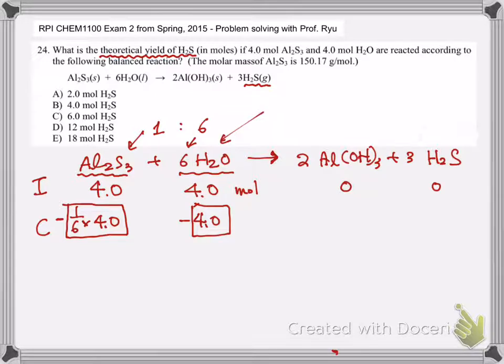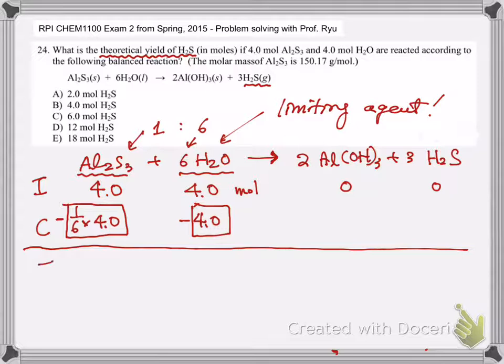In other words, I find out the water is the limiting agent. This is a key point: figuring out which one is the limiting agent. So this is the change, and then the equilibrium. Under the equilibrium, E, I will have nothing for water, and that's what makes it the limiting agent.